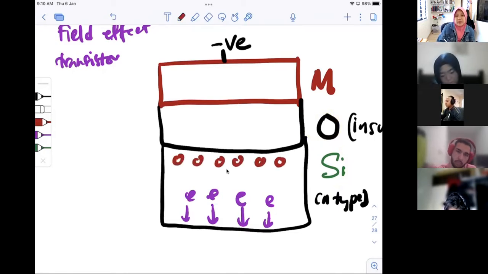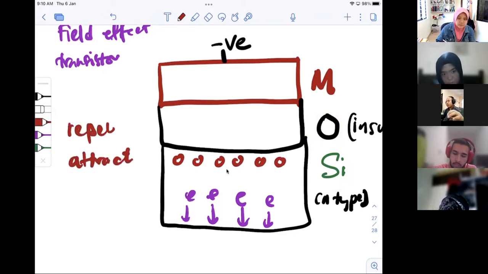The words are repel and attract. So why will the minority holes be attracted to go there? Good. Okay, now you understand the principle of the field effect transistor. Now we want to understand how we get current inside a MOSFET.